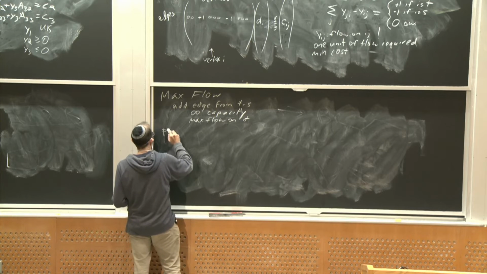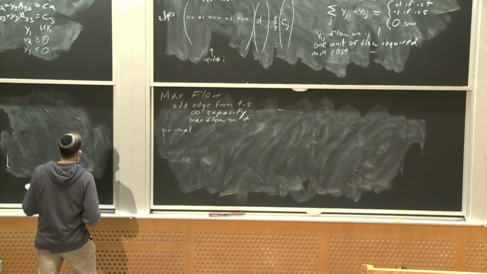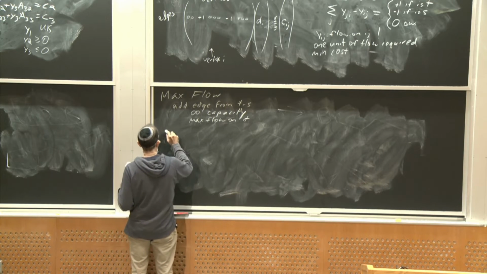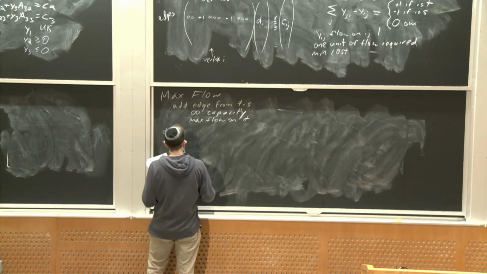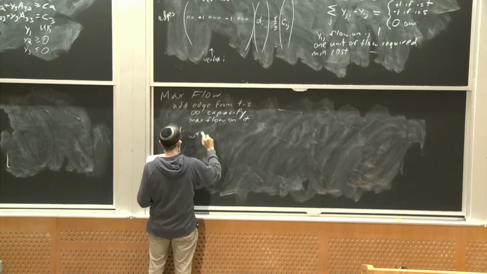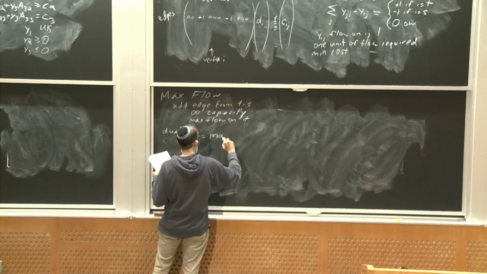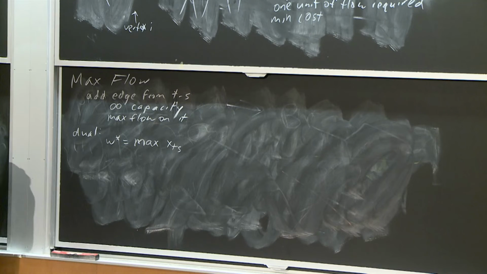So we're doing a maximization now. Sorry, this is again going to be the dual because I'm starting with the maximization problem. Okay. So I'm going to want to take some quantity, which is the maximum of the flow from T to S. Right?